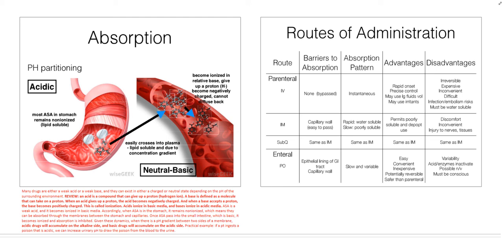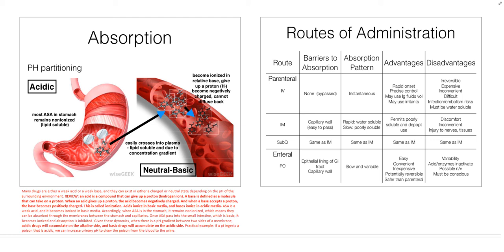A base is going to be a molecule that can take on a proton. So when an acid gives up a proton, the acid then becomes negatively charged. And when a base accepts a proton, then that base becomes positively charged. That action of either one accepting or releasing a proton and becoming charged is called ionization.